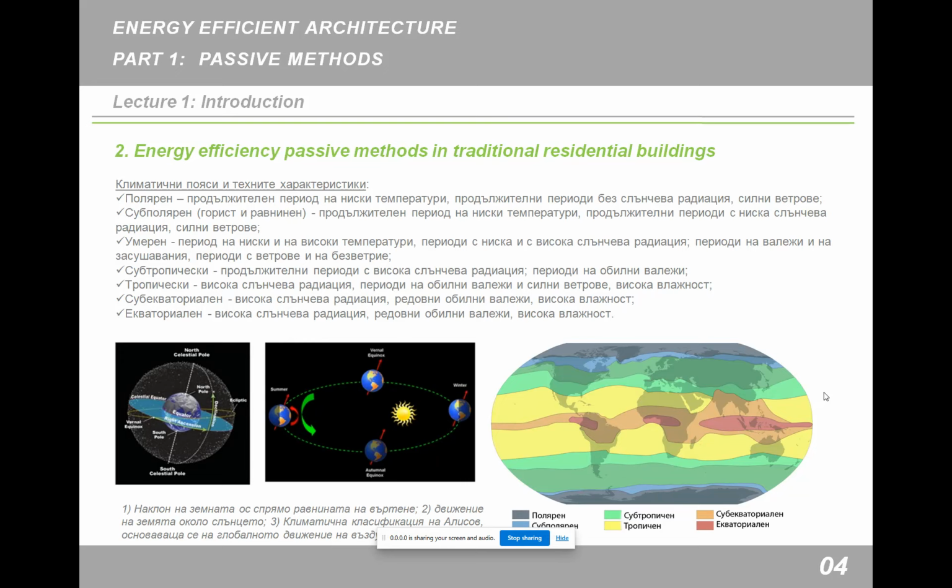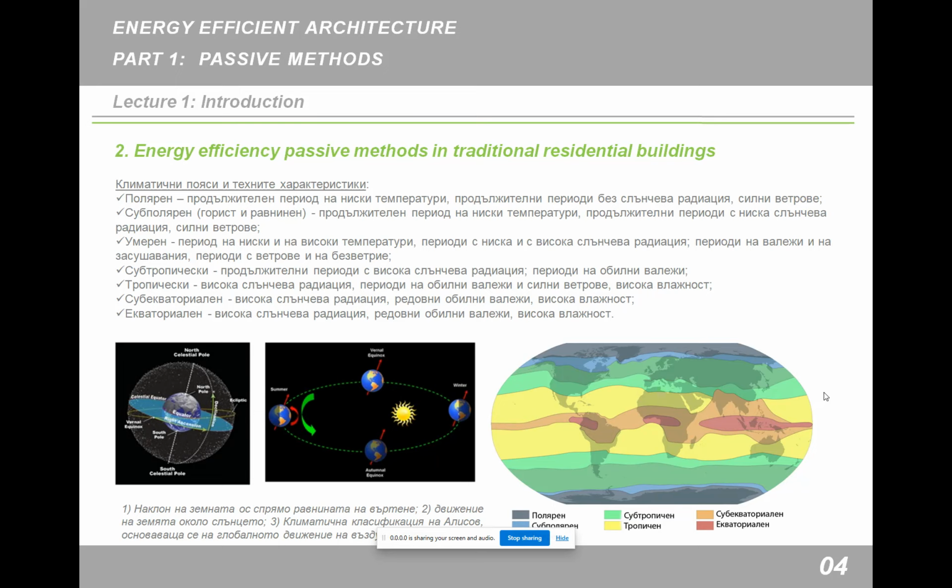The subpolar zone, which can be divided in forest subpolar zone and plain subpolar zone, where there also is a long period of low temperatures and a long period of low solar radiation and prevailing winds.